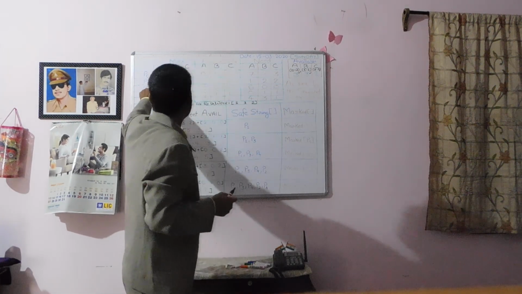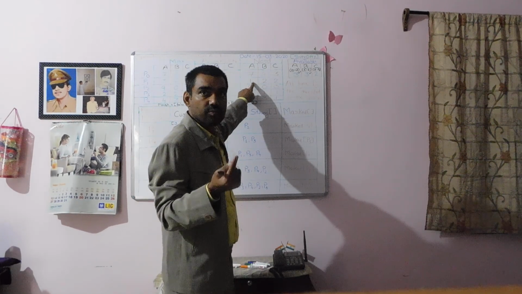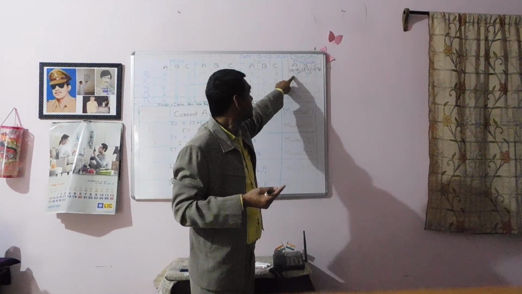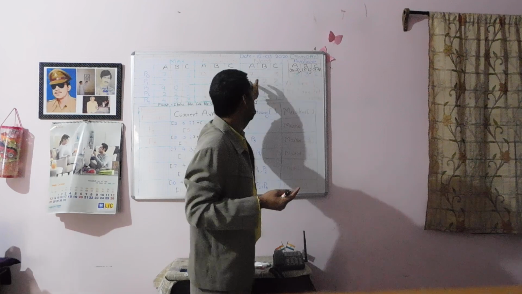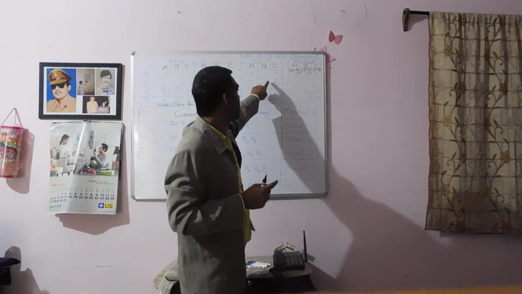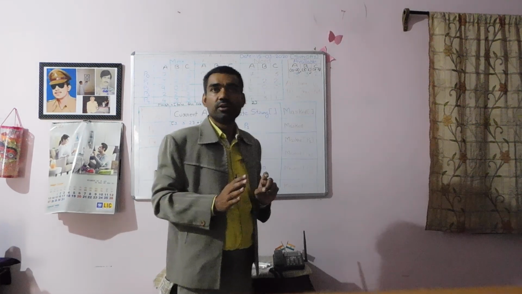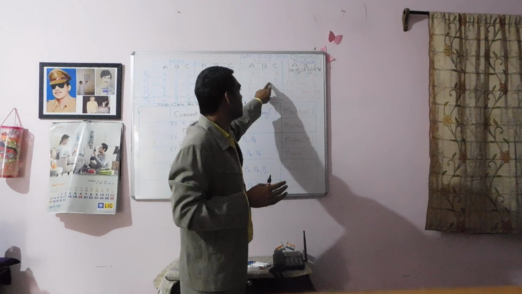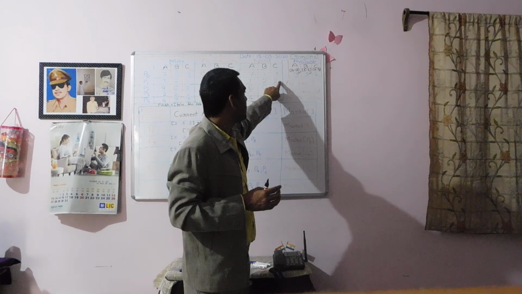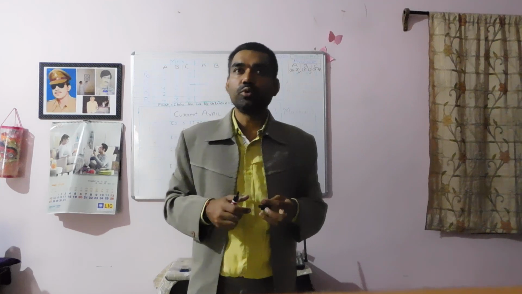Now check for P1. The value required is 1 and the value available is 3, so okay for A. Now check for B: this value is 2 and this value is 3, and 3 is more than 2, so okay. Now check for C: the value is 2 and the value is 2, so 2 is equal to 2.